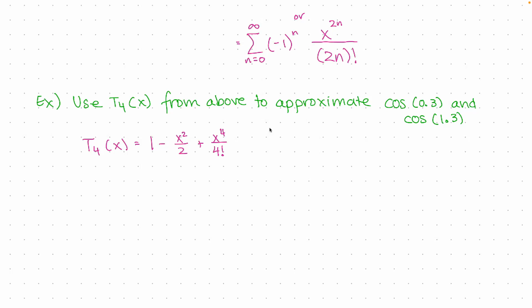I won't care which way you put your final answer. That's what we're going to use. And so let's go ahead and do it. We're going to find the 4th degree Taylor polynomial evaluated at 0.3. That's going to tell us an approximation for cosine of 0.3. And then for cosine of 1.3, we're just going to plug in here.